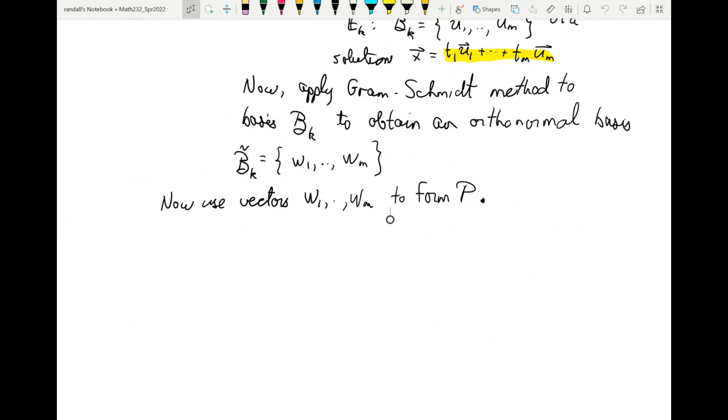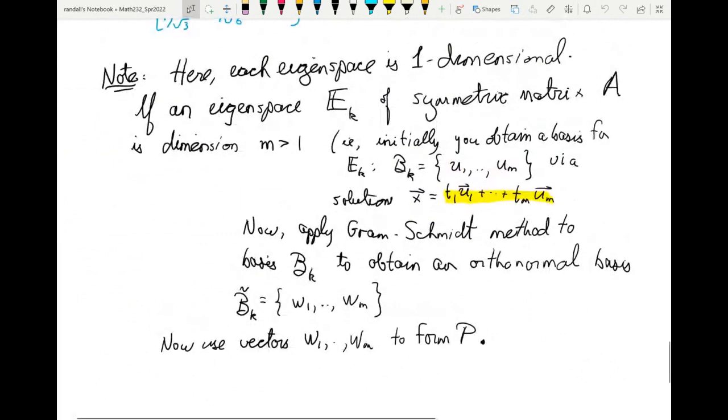So Gram-Schmidt first finds orthogonal vectors, and then you normalize them to get an orthonormal set. Typically that's what you do, because eigenspaces are typically bigger than 1 dimension, so you will need to do this on every eigenspace with dimension bigger than 1.